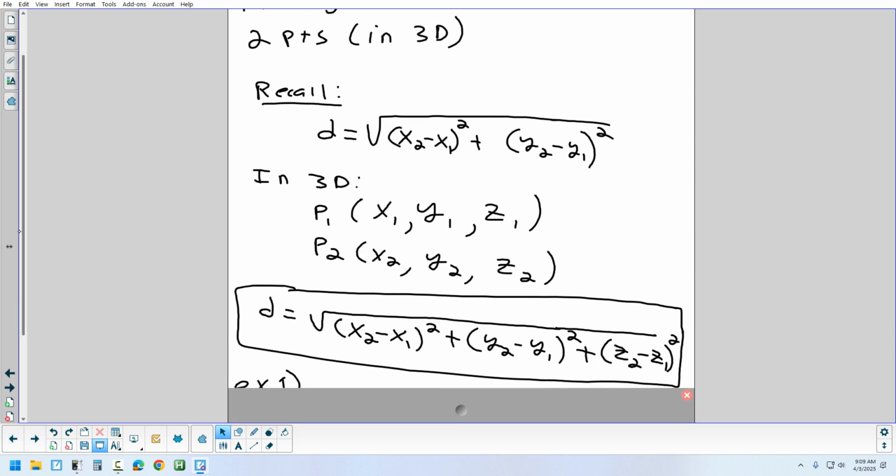And that's pretty much how a lot of the formulas are going to work today that we're going to extend from 2D to 3D. You pretty much just have to take the 2D part, and you have to add on one more section for the z's, which makes it 3D. Okay, so coordinates. You're going to have what we call an ordered triple in 3D.